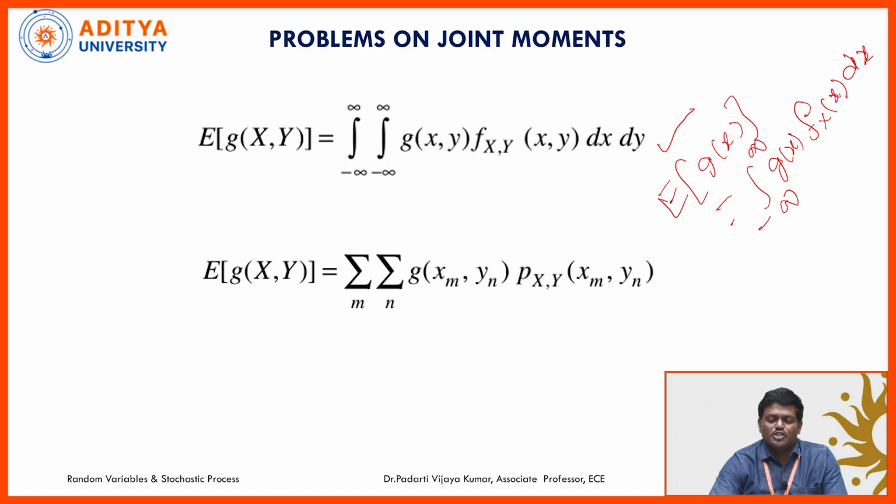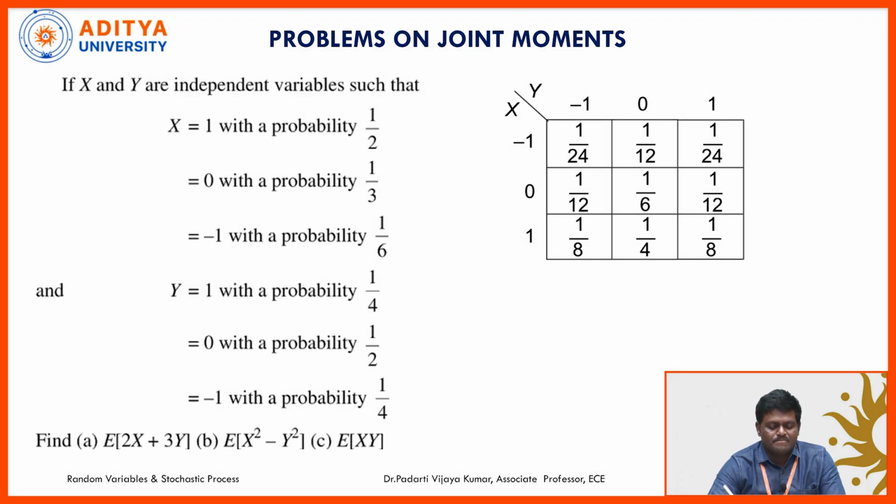For two dimensions, the formula will be extended, x and y will be included. Obviously, the density function will become a joint density function and the integration will become a double integration. Similarly, the summation will become a two dimensional summation. This is the formula we will apply.